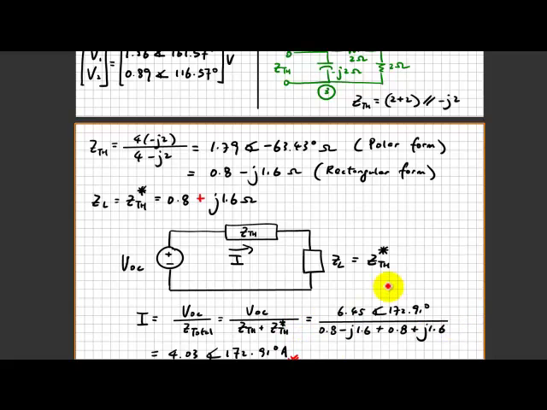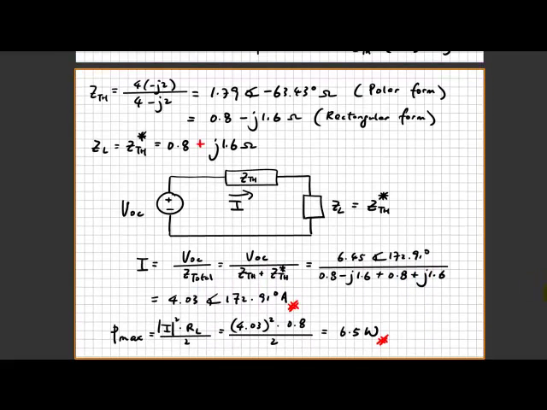Be careful about the sign here: you have a positive sign here, and the answer turns out to be 4.03 with an angle of 172.91 amperes. We're not quite done yet. We have to find the maximum power, which is I squared times R divided by 2. Plugging this magnitude into the equation, you'll find the maximum power transfer is 6.51 watts.